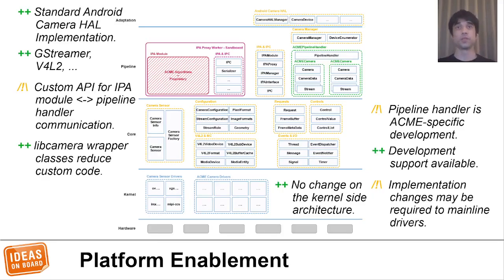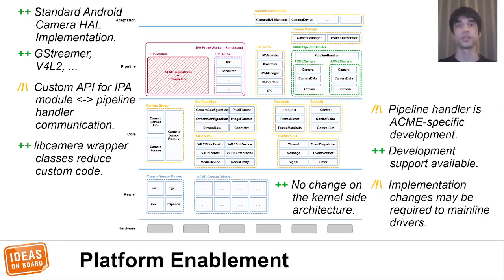The core of what needs to be developed by vendors is the pipeline handler and the IPA module. The pipeline handler is required to be open source, but that should be fair, because it's the bare minimum that's required to use the camera at all. The IPA module can still be, though we don't encourage it, closed source, though in that case it will not be shipped with libcamera.